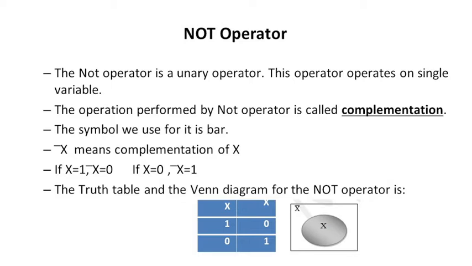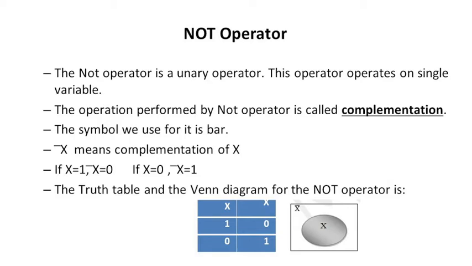This operator operates on a single variable. The operation performed by the NOT operator is called complementation. The symbol we use for it is bar. X bar means the complementation of X.